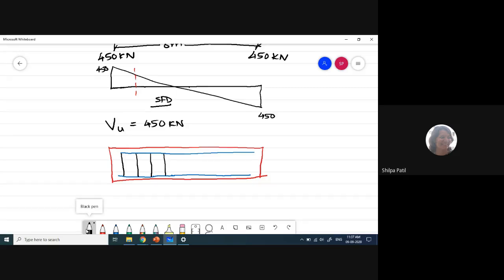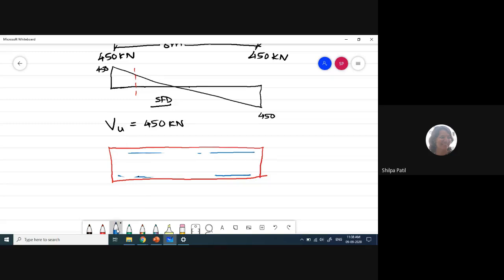These vertical lines shown in black color are nothing but my stirrups. Right now you can see I have drawn the vertical lines at almost equal distance, so I have not considered any curtailment here. But if I want to show the curtailment, obviously I have to divide the entire beam into different zones, and then I can go on increasing the spacing between the stirrups.